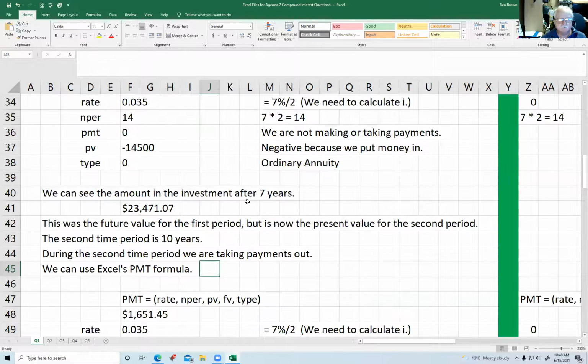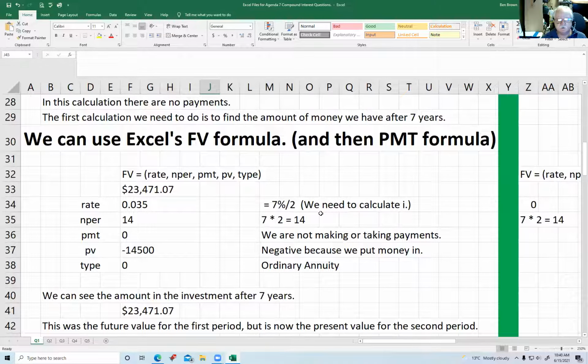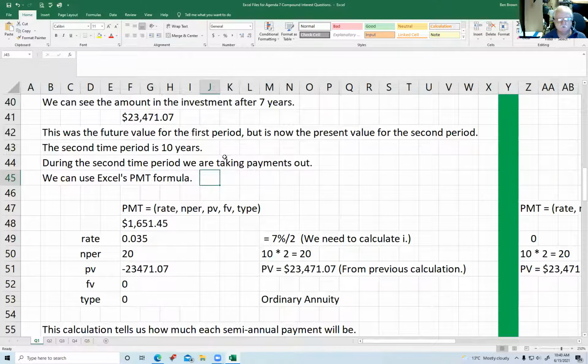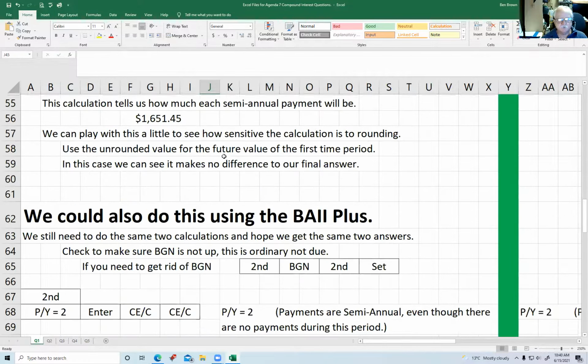Now notice we have to do a bit of calculating here. We have to calculate the number of periods as 14, and we have to calculate the rate. We can't just put in the 7%. We've got to go 7% divided by 2. This is basically I. So that's how we would do this if we were using the Excel formulas.